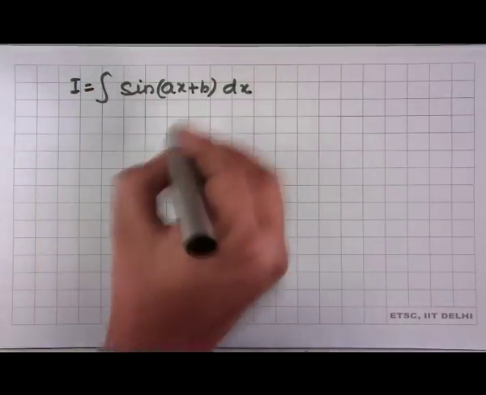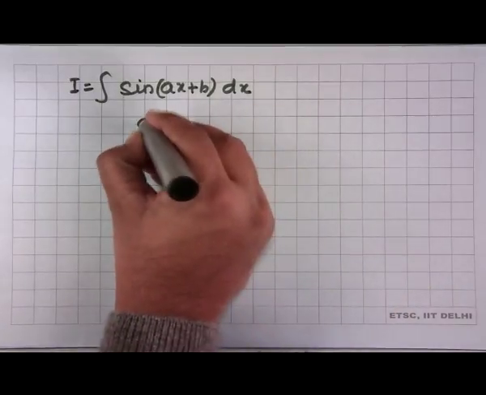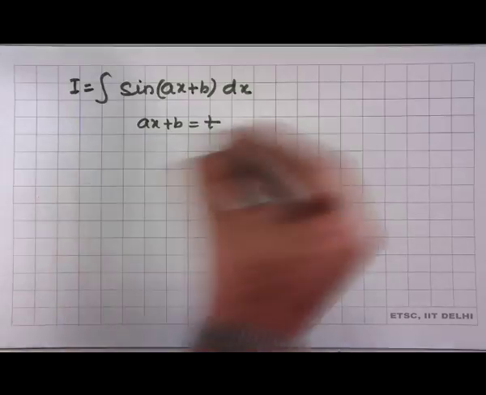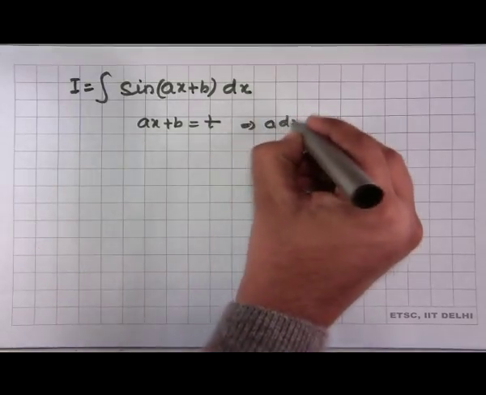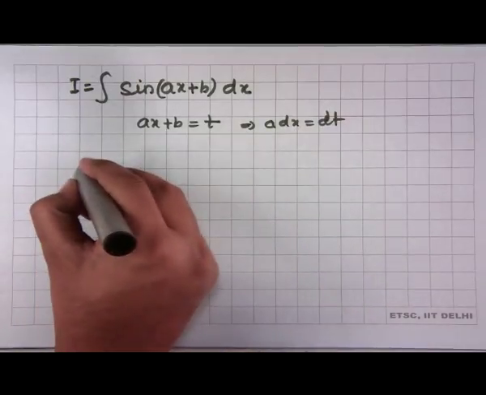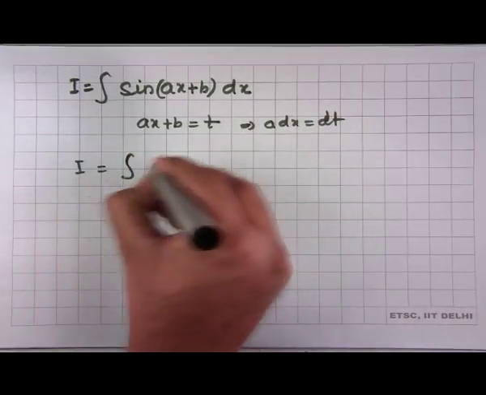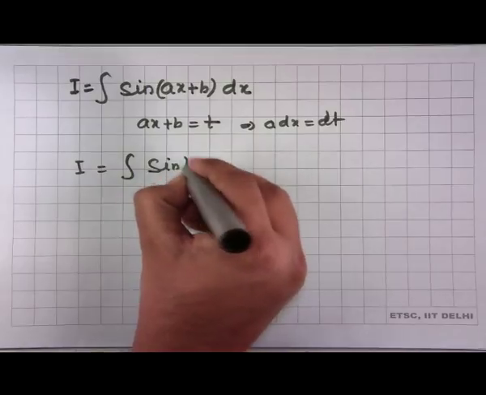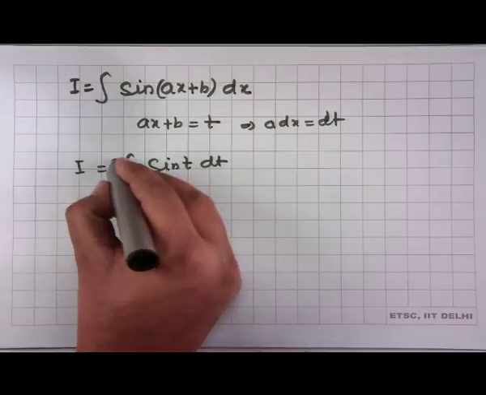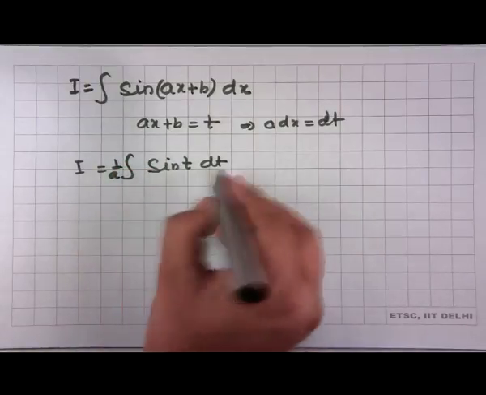So, to evaluate this integral, we substitute a x plus b equals t, so that a dx is equal to dt, and the integral becomes I equals integral of sine t dt by a, which we will put here as 1 by a sine t dt.